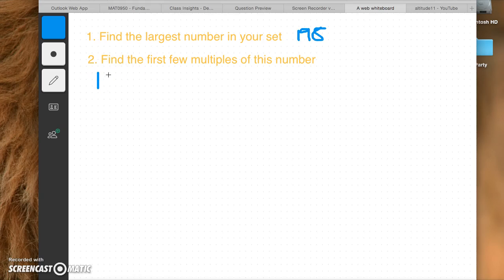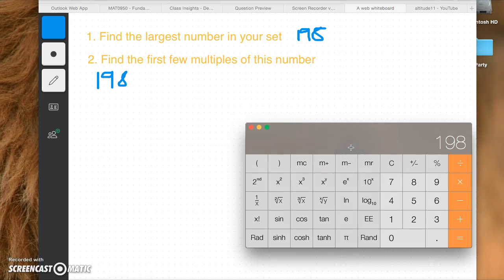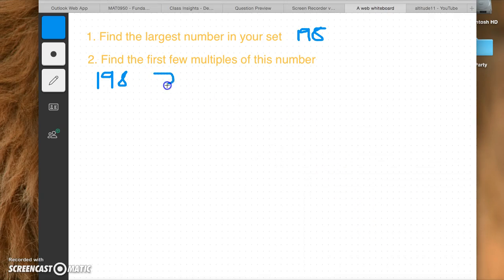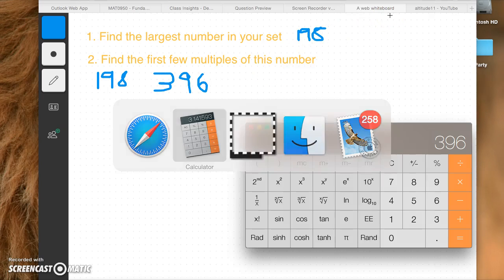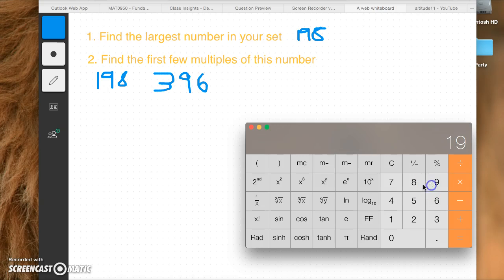Well, 198 times 1 is just 198. 8s are hard. 198 times 2. That's 396. Thank goodness there are no 8s. Alright, let's keep going. 198 times 3.